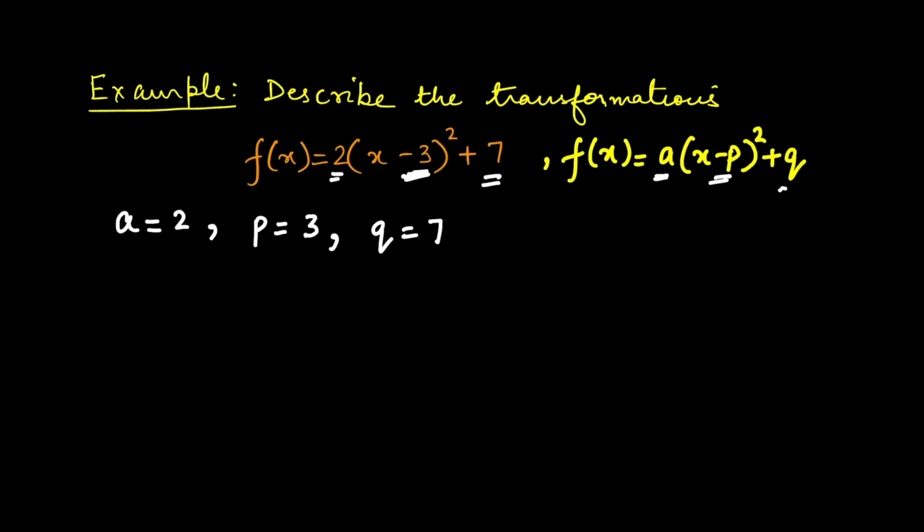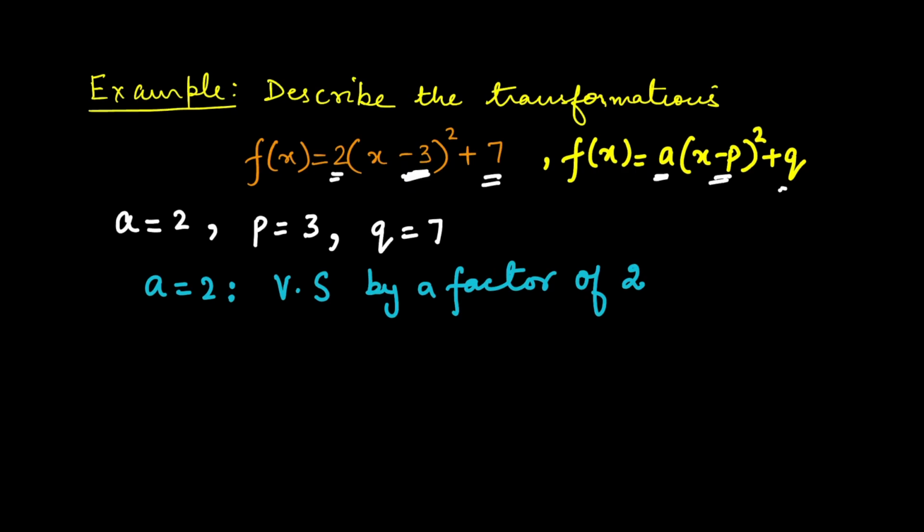Now coming to the description of this, so we start with a is equal to 2. So whenever the a value is given, we write it is vertically stretched. So I'm abbreviating it, vertically stretched by a factor of, so it's positive, so I'm just writing 2 about the x-axis. Now going to the next one, we see here p value.